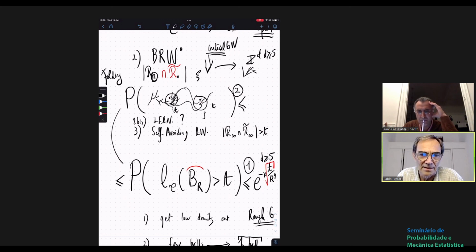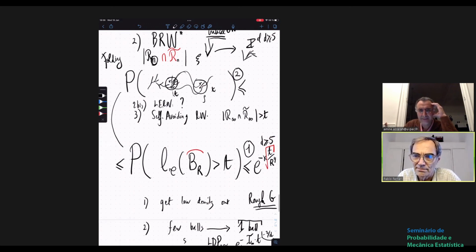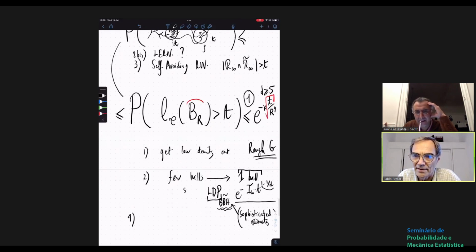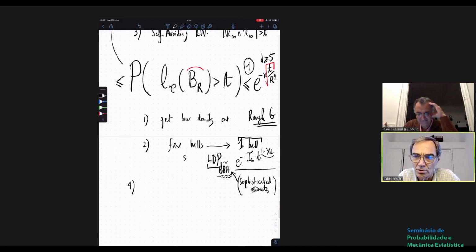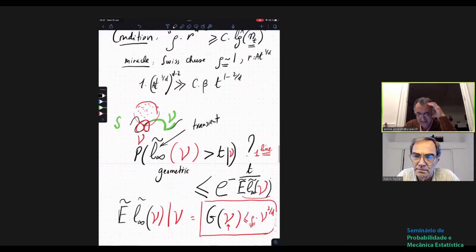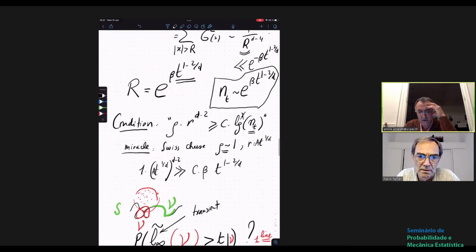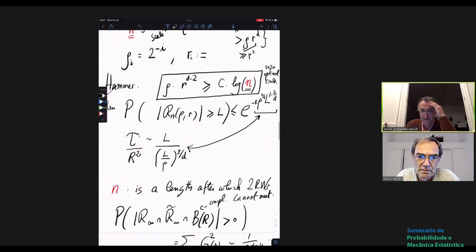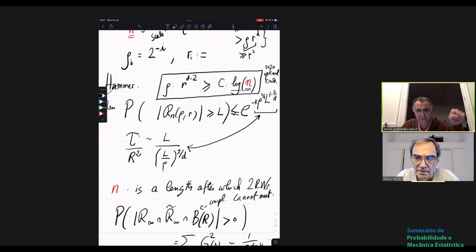Something I couldn't understand well is this nice set U that has the same capacity as the other set. At what point of the argument is it used? After you decided that you have only one ball? No, this is crucial in obtaining the optimal condition for what I call my hammer. To go up to log n, I really need, in this estimate, to use that inside my set of centers there is a much smaller subset.